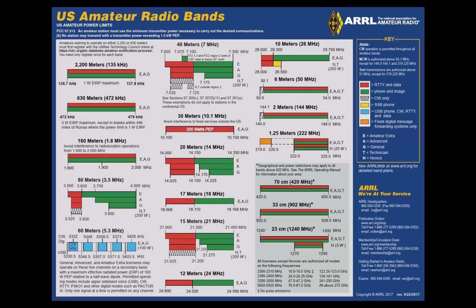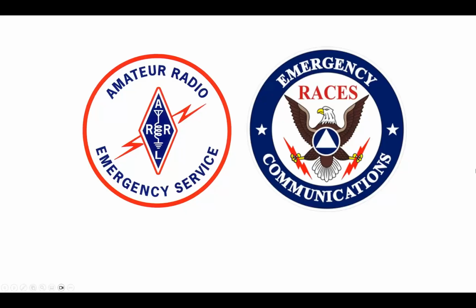Next question. Who may be the control operator of an amateur station transmitting in RACES to assist relief operations during a disaster? RACES is one of the 2 emergency communications organizations that amateur radio operators belong to, or could belong to.